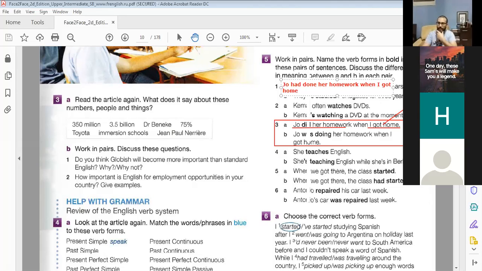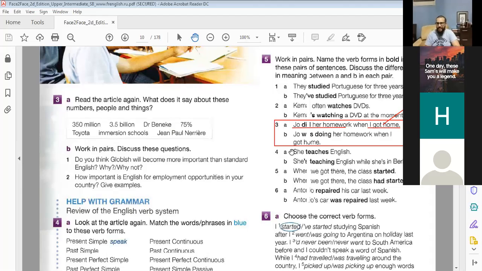But in the example we have in number 3, it's actually the reverse. It means she was watching TV, and when you got home, she just started right at the moment. She heard the door and she started. Yeah, you can omit when.